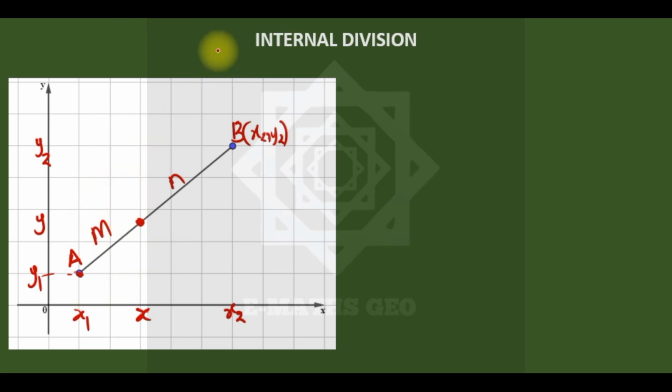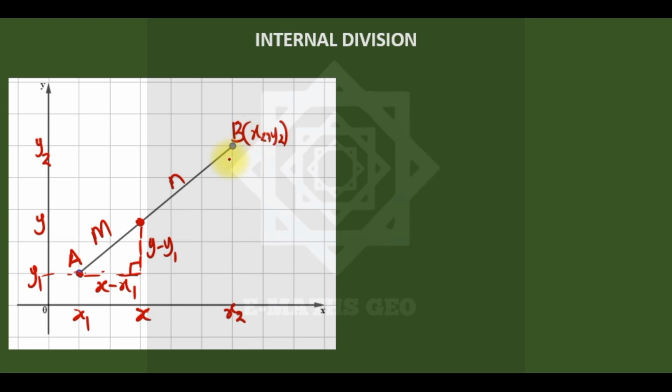So we'll see that we'll form two right triangles. As you can see, if you trace down, this is a right angle triangle. So the distance here is y minus y1, and here is x minus x1.